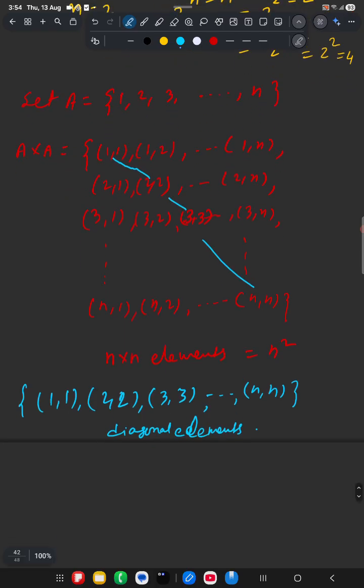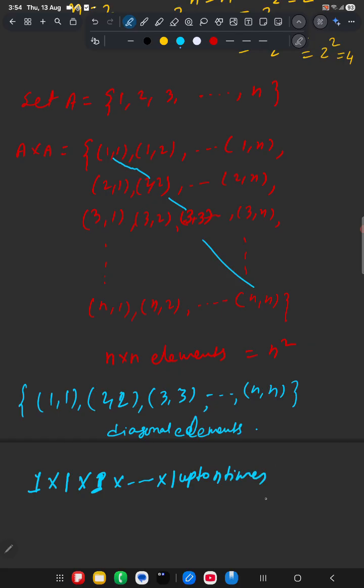You can also say that these elements in the diagonal form, meaning 1 1, 2 2, 3 3, and n n and so on, all have only one choice, that they must be there. So there are n elements in the diagonal, and each of those n elements has how many choices? Only one choice. 2 2 has only one choice, 3 3 also has only one choice, up to n times.